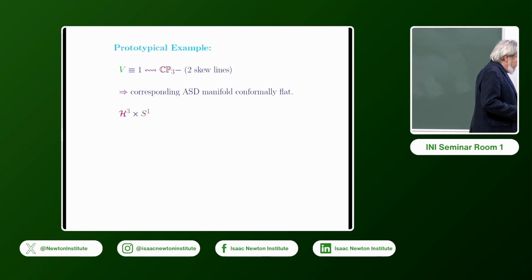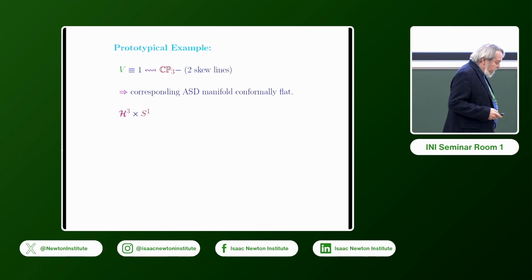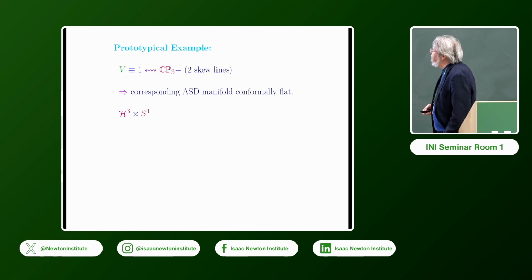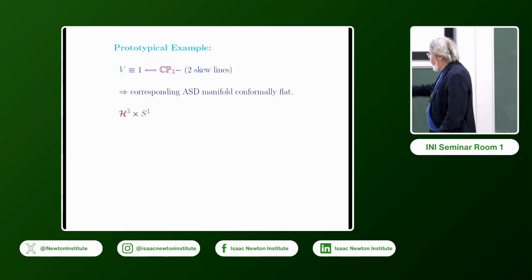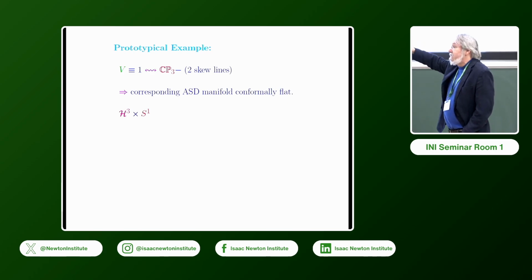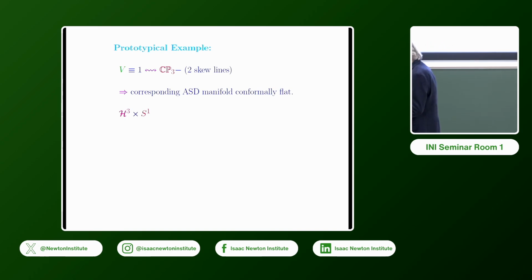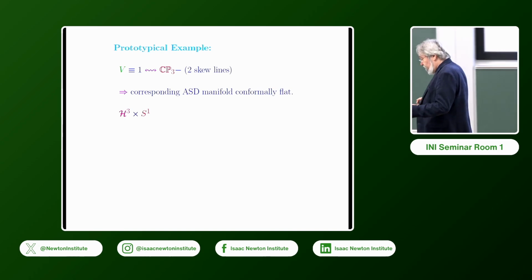So the geometry of this manifold is, if you take hyperbolic 3-space times S1, the Riemannian product, of course, either factor is conformally flat, but that doesn't say anything about their Cartesian product. It's not true that the Cartesian product of a general conformally flat manifold times another one would be conformally flat.